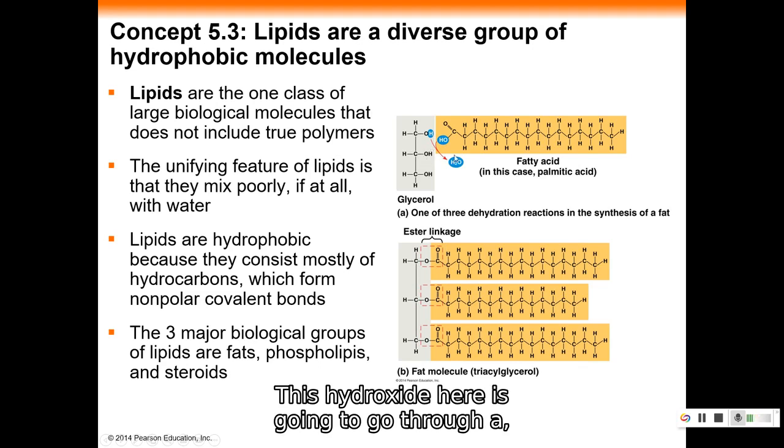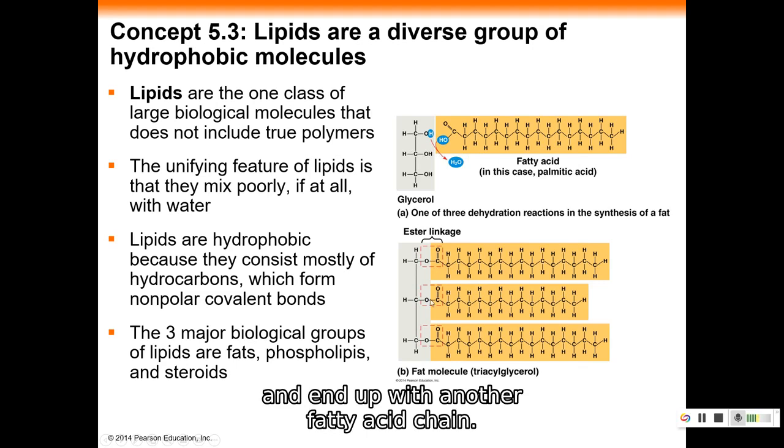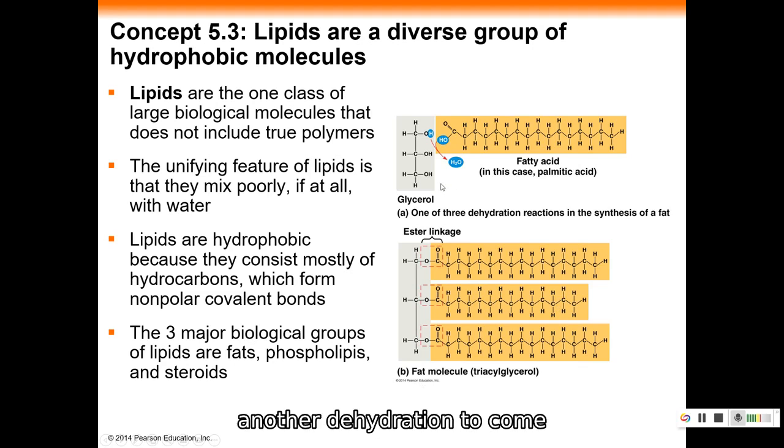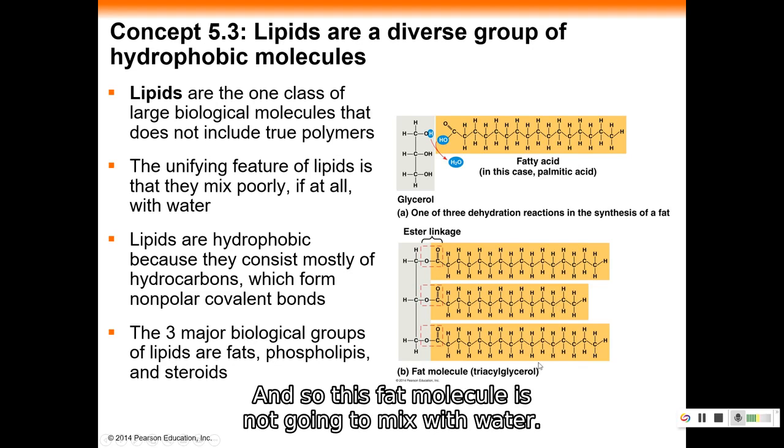This hydroxide here is going to go through a similar reaction and end up with another fatty acid chain. And this hydroxide can go through another dehydration to come up with another fatty acid chain, giving you these 3 ester linkages. And all 3 of these chains are nonpolar, and so this fat molecule is not going to mix with water.